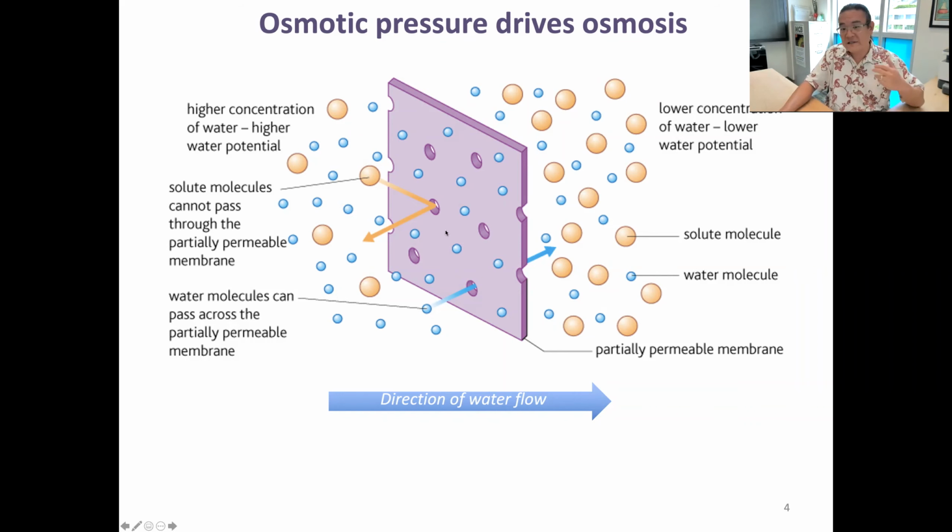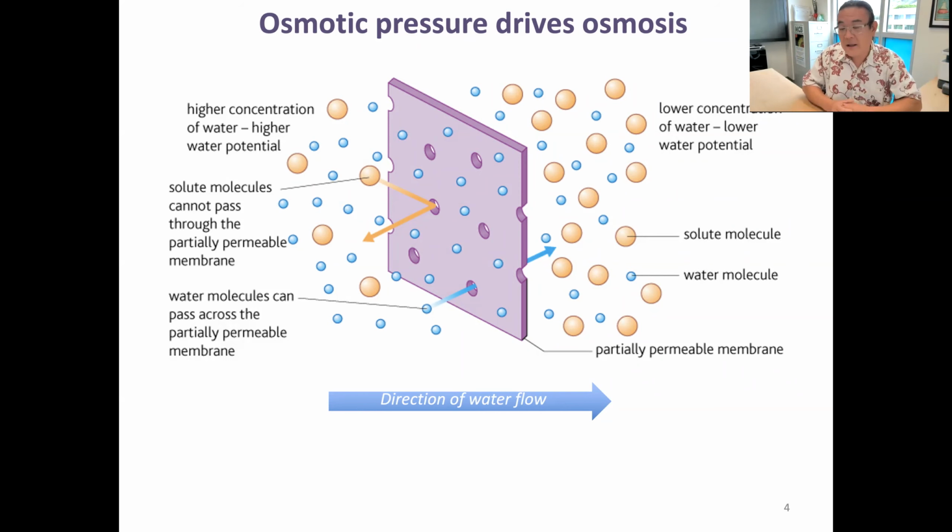But that means that the water in this case would flow from the left side of the figure into the right. Now, this might seem kind of counterintuitive, because you might say, well, on the right side it's more crowded, so I wouldn't imagine that the water from the left side would want to add to that crowded space.